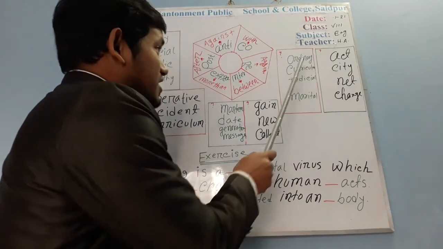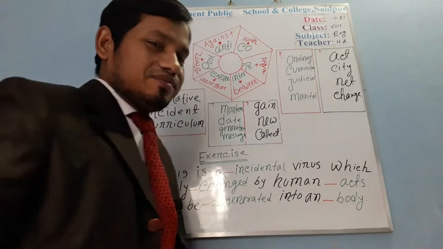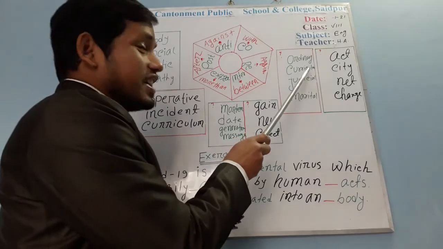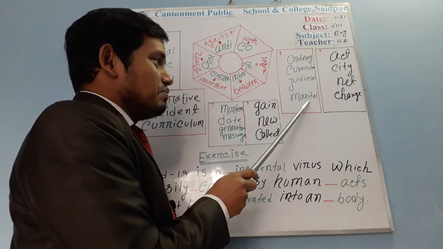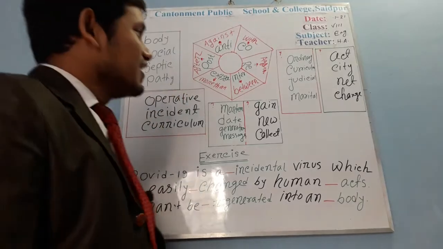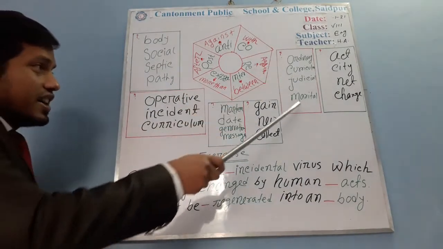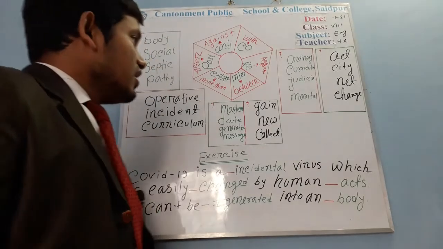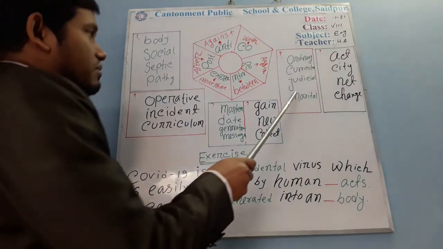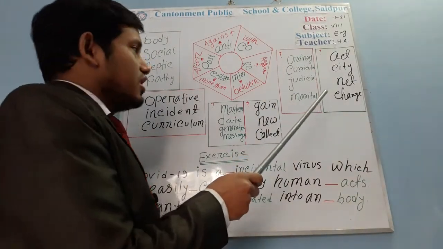Okay, learners, next I want to go here. This box is now ordinary. Here is again curriculum, and you can see judicial, marital, right? Learners, you can have a lot of English words in your personal life, in dealing in the English language.